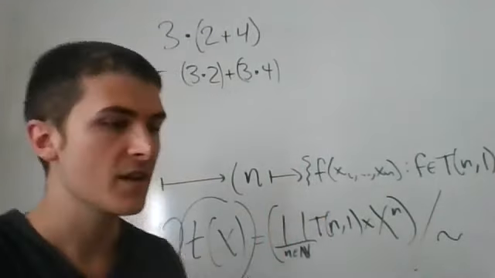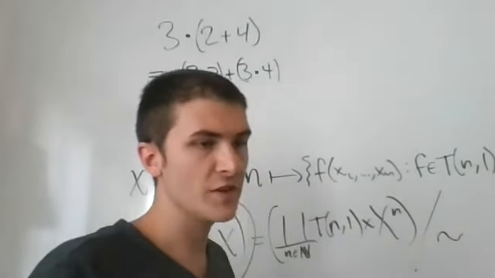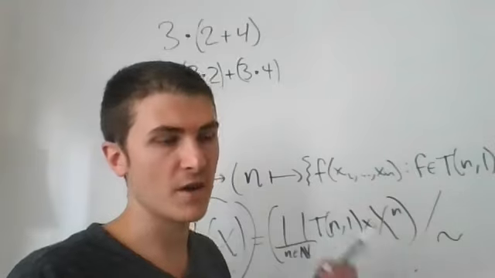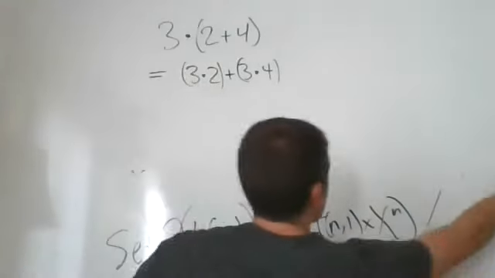And then you get the crucial effect that the monoid multiplication needs to distribute over the addition.